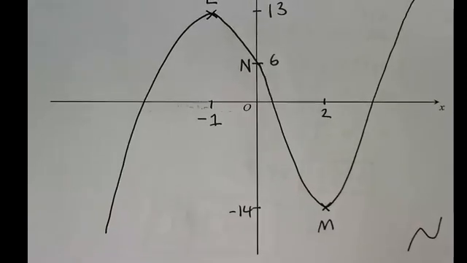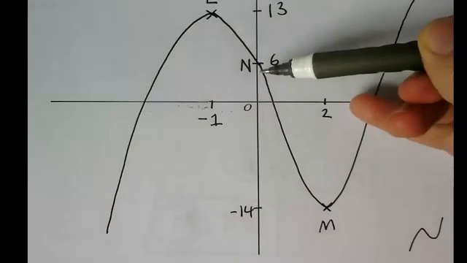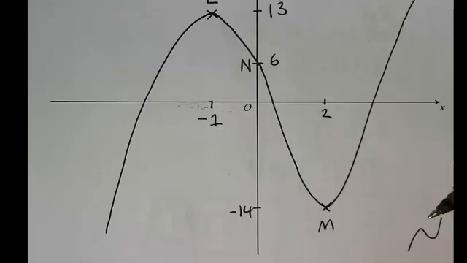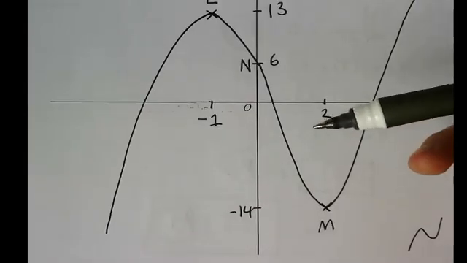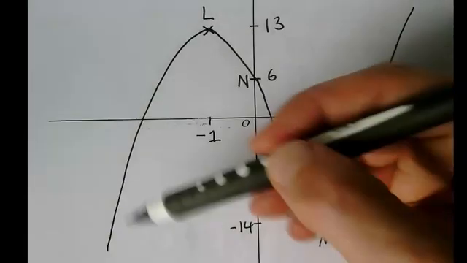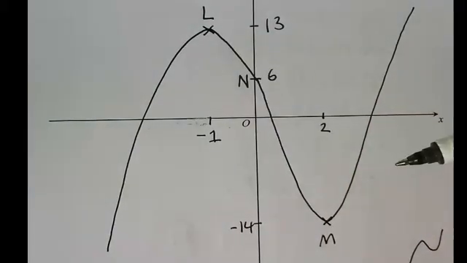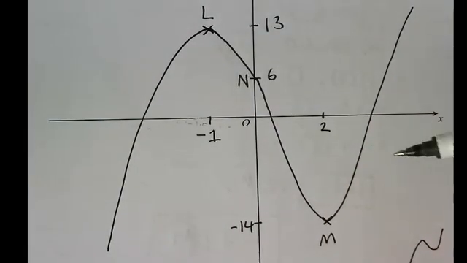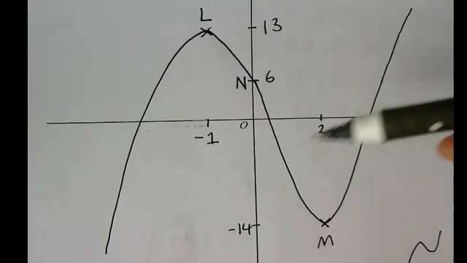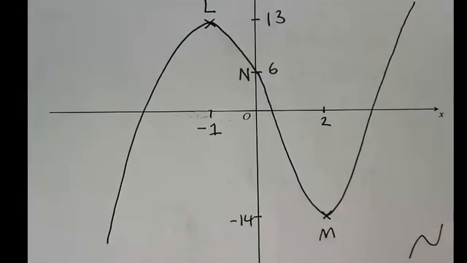You would get 1 mark if you showed that it was crossing at 6 and that was N. You would get 2 marks for showing that you had the correct shape and that it crossed the x-axis either once or twice, and then 3 marks for all of those values and that shape as I've shown.